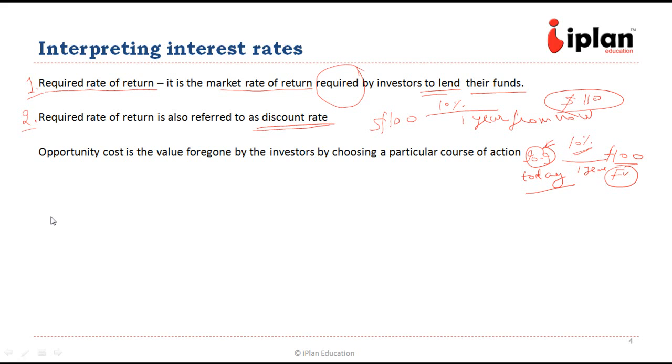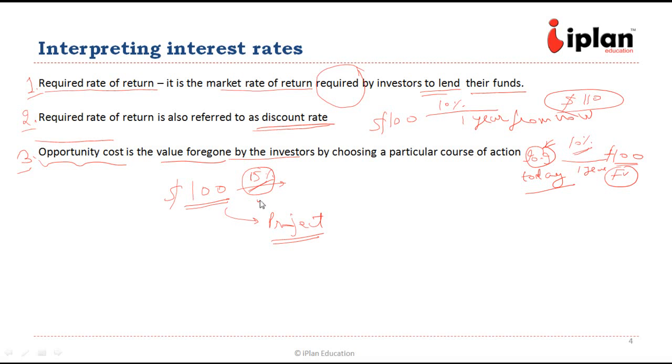Let us look at the third interpretation, which says in terms of opportunity cost. It is the value foregone by the investor by choosing a particular project or course of action. For example, if I have an option to invest $100 in certain project of mine where I can earn say 15% return, but if I'm not investing in that and I'm investing in some other project which is coming to me, so this is the amount which will be foregone by me.